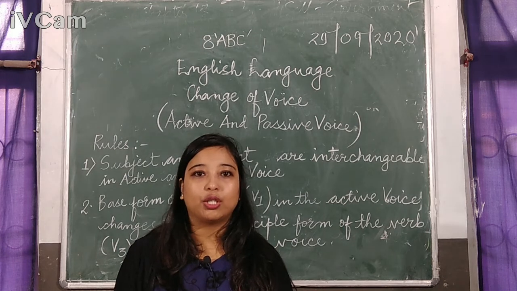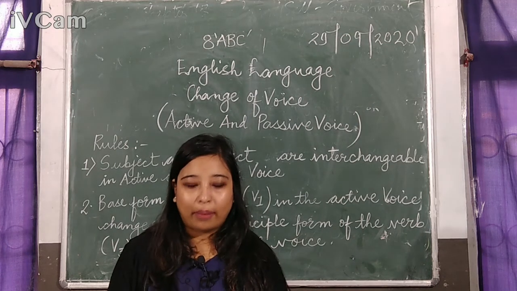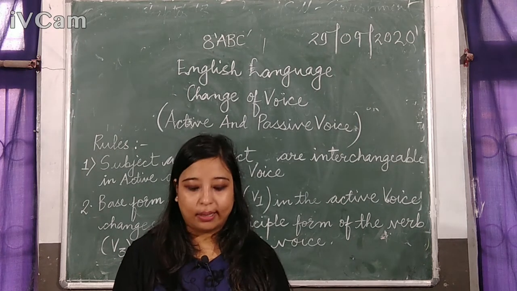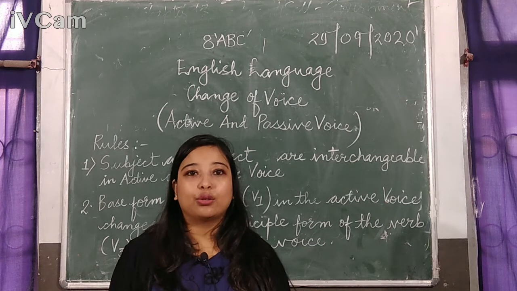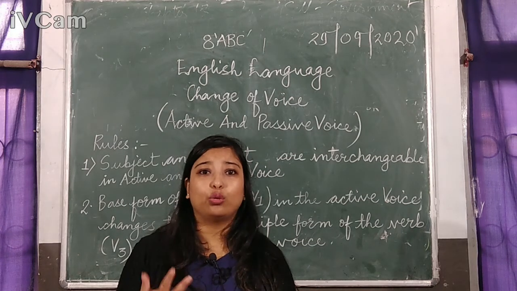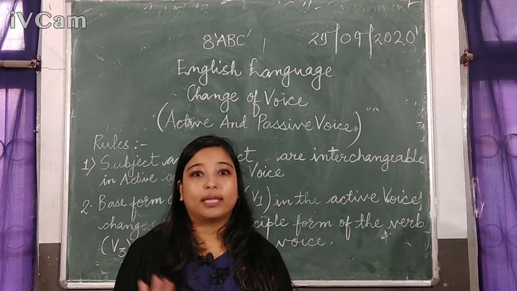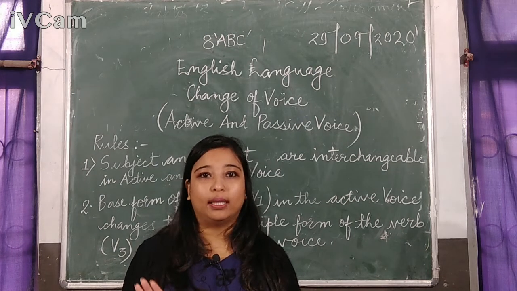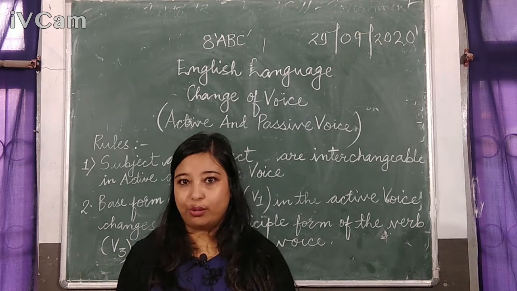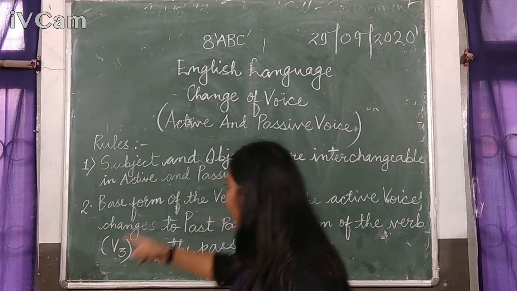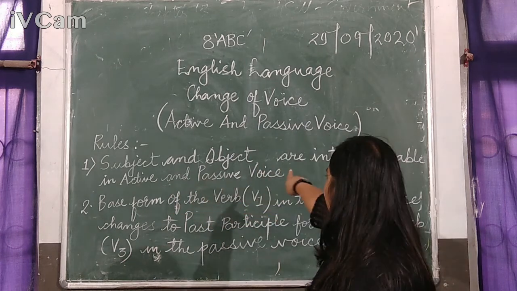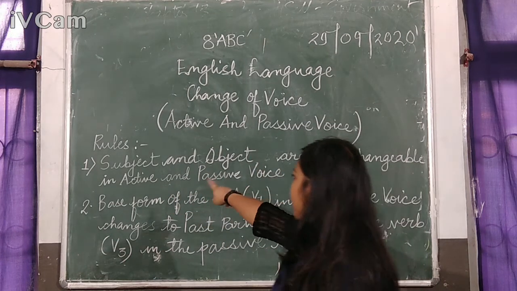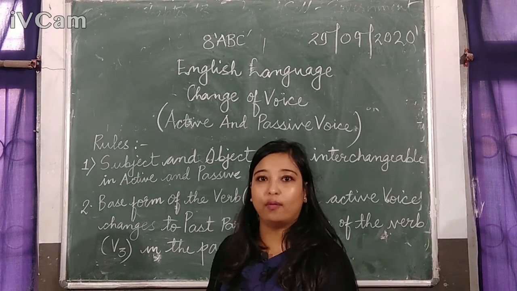Today we are going to continue with the active and the passive voice, which we started in the last class. I told you all 6 rules that you are supposed to follow while changing the active voice into the passive. Number 1 was subject and object are interchangeable in active and passive voice.